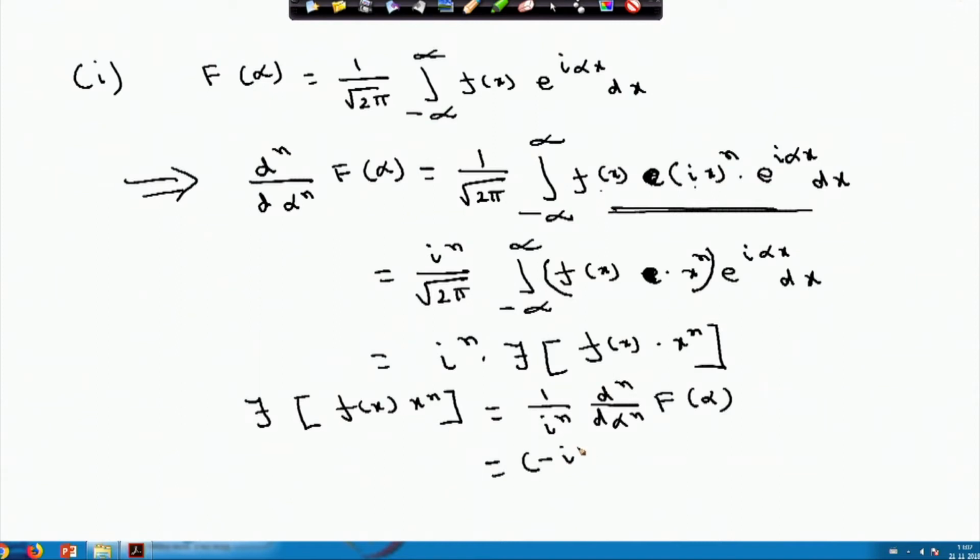So, it is minus i to the power n, d n d alpha n of F of alpha. Basically, I am getting the proof of this one: Fourier transform of f x into x to the power n, where 1 by i to the power n I can always write as minus 1 whole to the power n, into d n d alpha n of F of alpha.